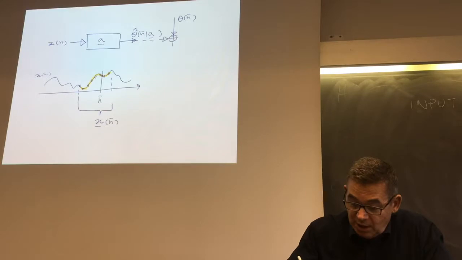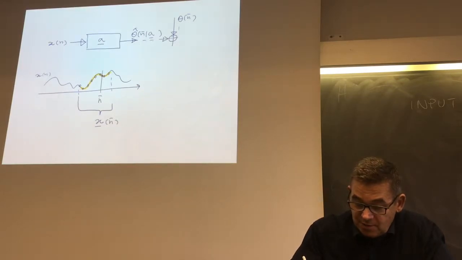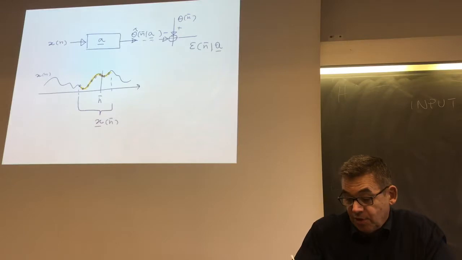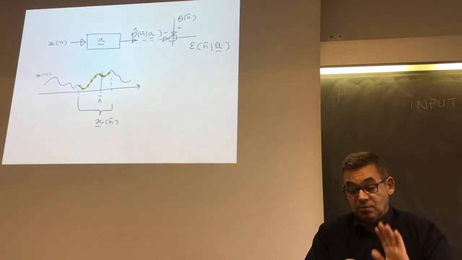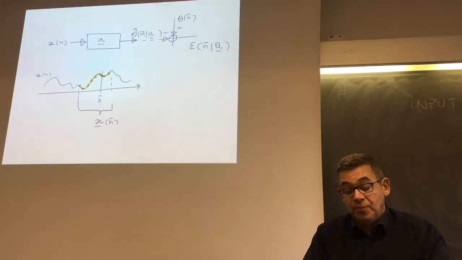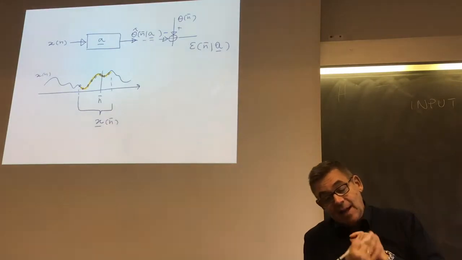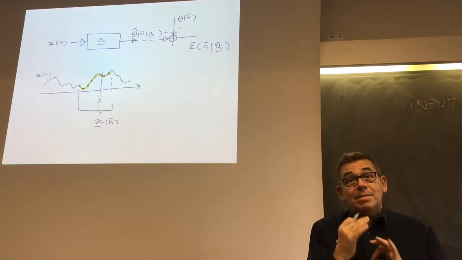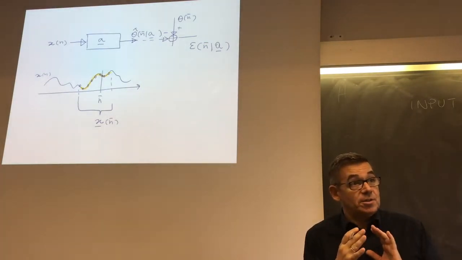In this way, if I take this minus the other, I get an error. That is instantaneous, and this error depends on the set of coefficients A. So that's what we did. It is instantaneous if I make theta minus theta hat. It can be statistical if I take the expectation.